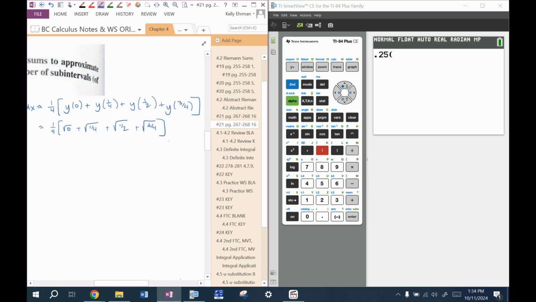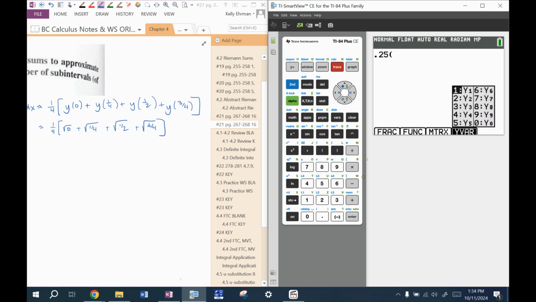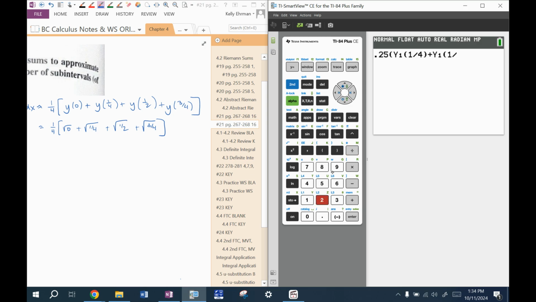That's not hard to type in, but I can also remember alpha trace and say y1 of 1/4 plus y1 of 1/2 plus y1 of 3/4. And that gets me to the answer too. So it's not necessarily less typing, but especially if the function is more complicated, this is a nice option to have. So to 3 places, this is 0.518.